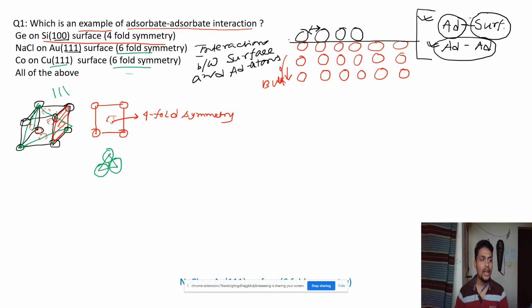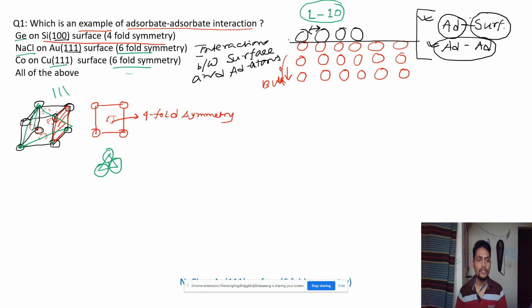That has been given. Now, if we can recollect how these surfaces look, because these were discussed in lecture number 10, all the surfaces have been discussed in lecture number 10. You can go back and watch. If we can recollect how germanium on silicon 100 surface looks, the growth of the ad layer and what its symmetry is, then you can tell whether it is guided by the surface or not.